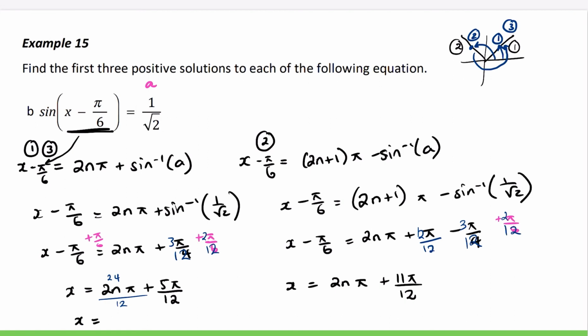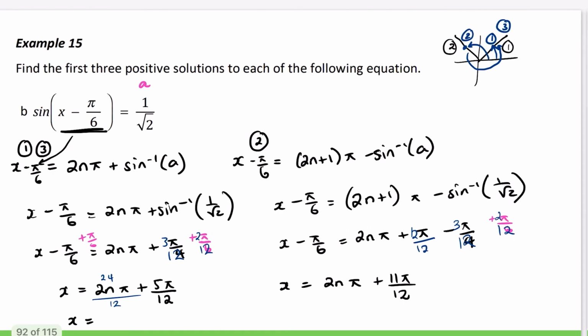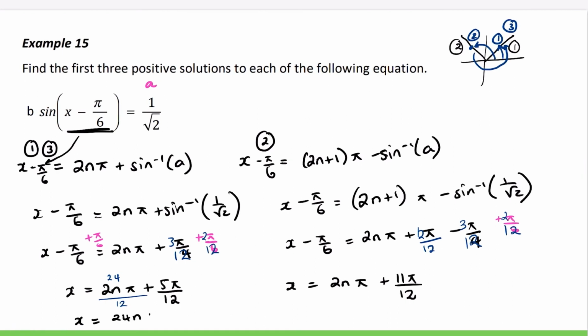So it'll be 24nπ plus 5π. So what I can do is go 24n plus 5, and then there's a π on the outside, and that'll be 12. And then for the second solution, same idea, that will be 24n plus 11π on 12.